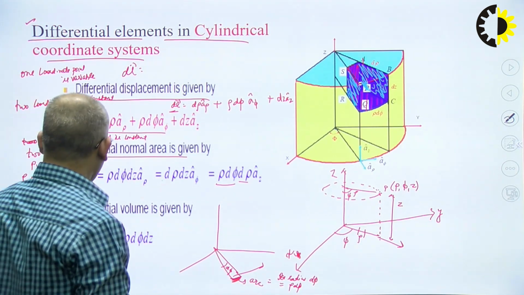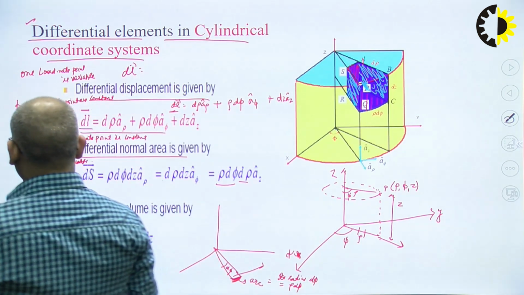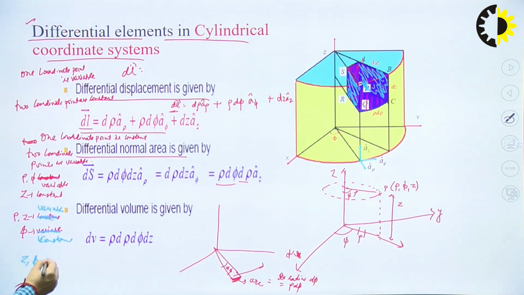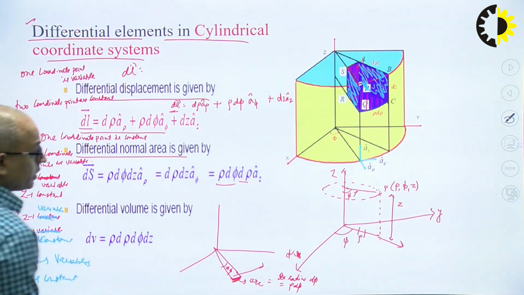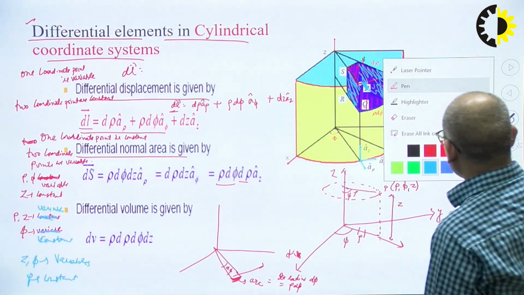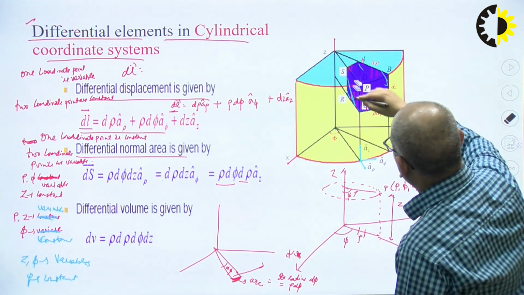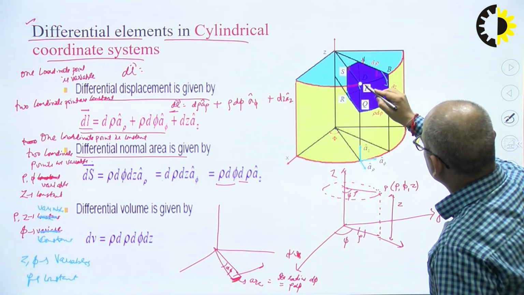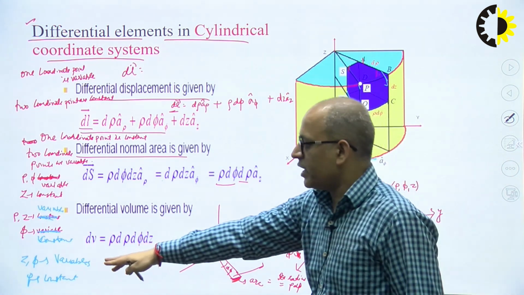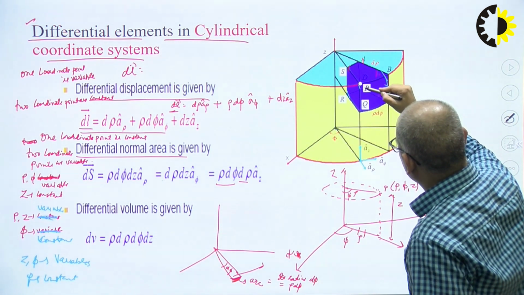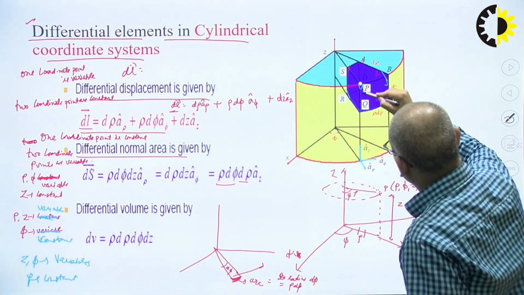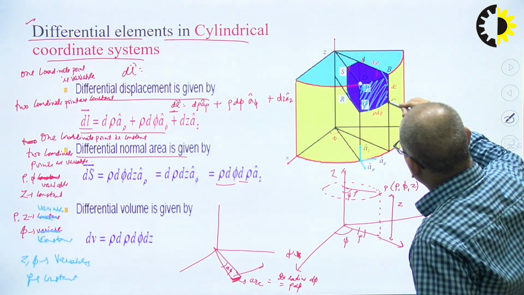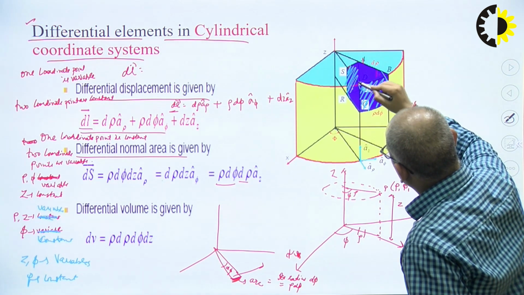Now the third case: when z and phi are the variables and rho is constant, this area will be there, or you can see this one at the back.